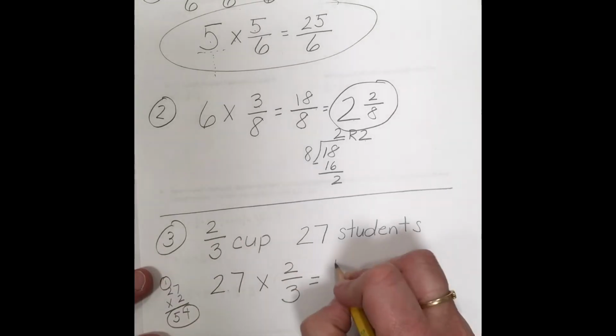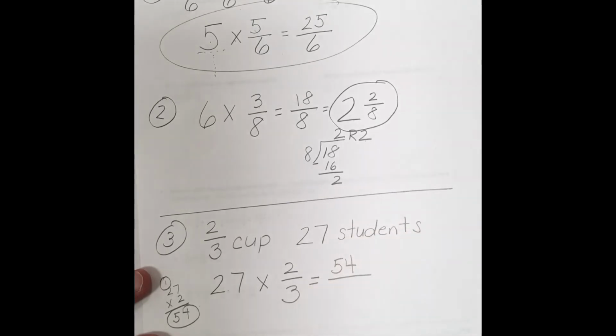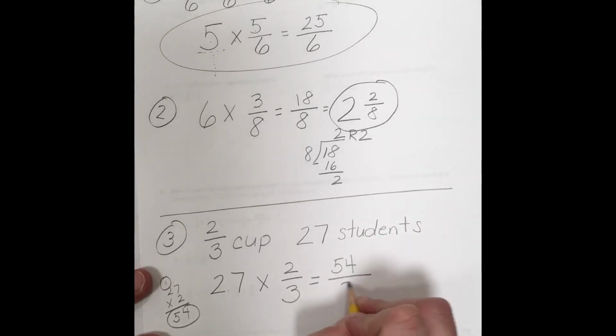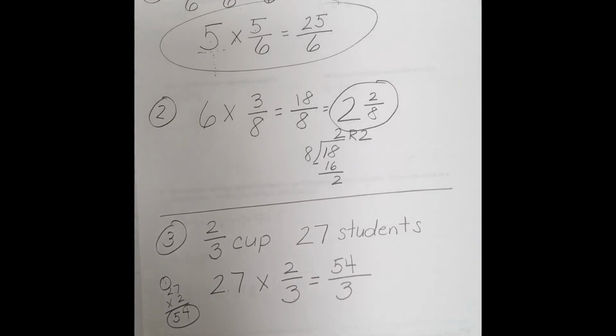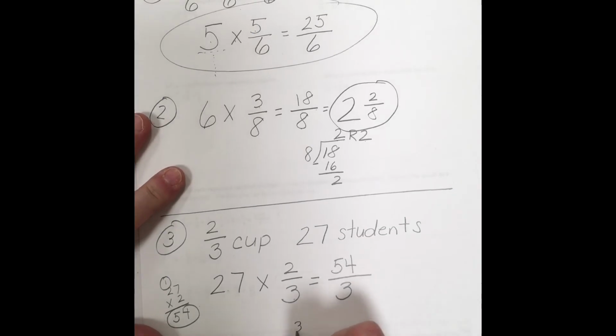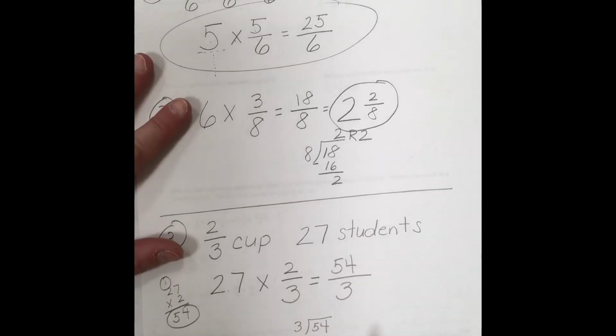I get 54, and I keep the same denominator. Now, as you can see, I have an improper fraction. I'm going to divide to turn it into a mixed number.